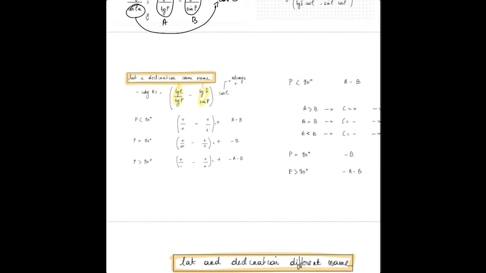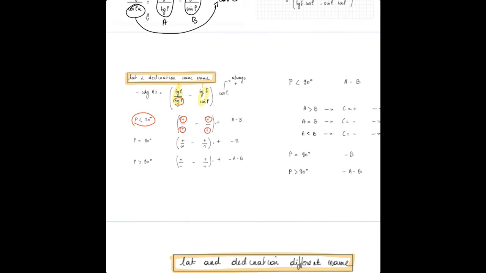Let's say we have a polar angle smaller than 90 degrees, and a latitude and a declination that have the same name. Then tangent of L and tangent of declination both have a positive sign. When our polar angle is smaller than 90 degrees, the tangent of P is always positive, and the sine of P will also be positive.